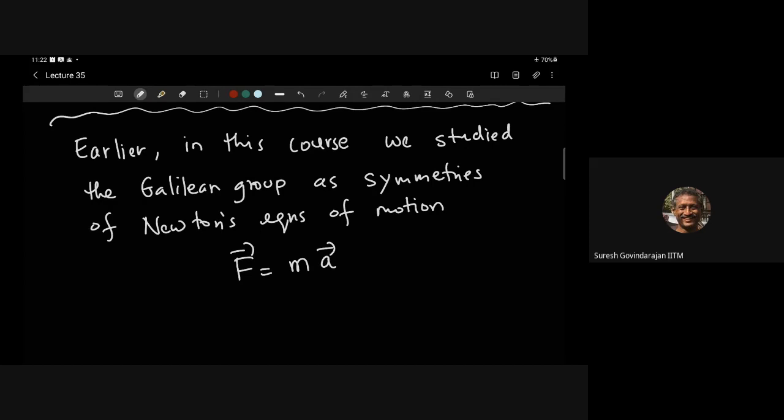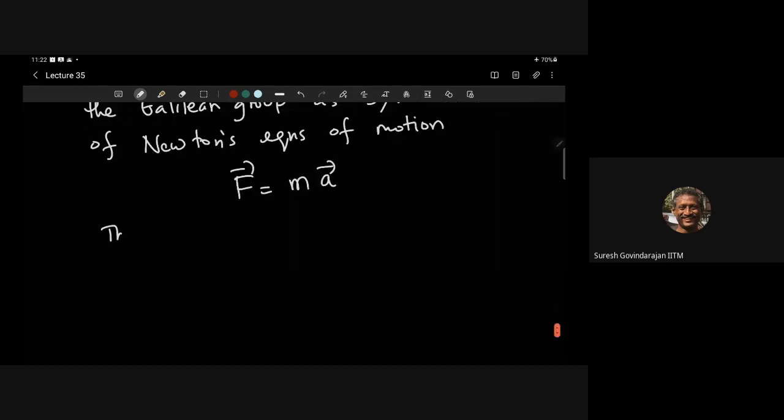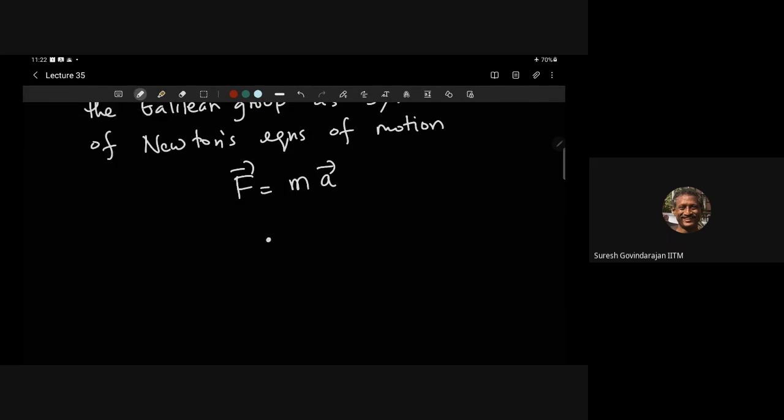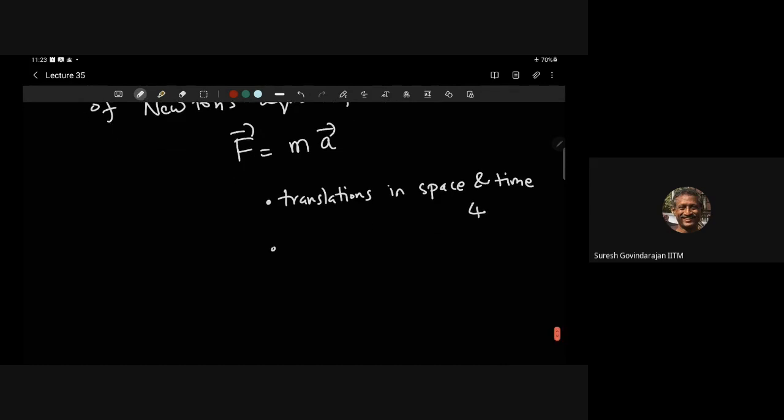And this group consists of what ingredients? There were translations in space and time, so these are 4 parameters. Rotations.